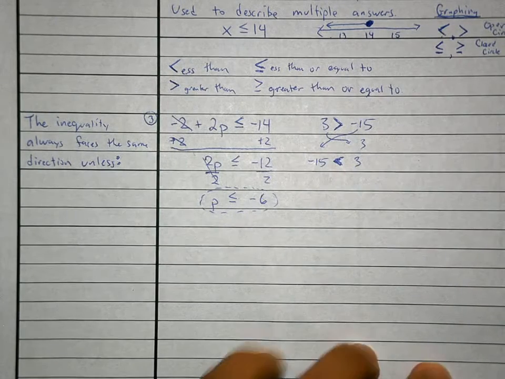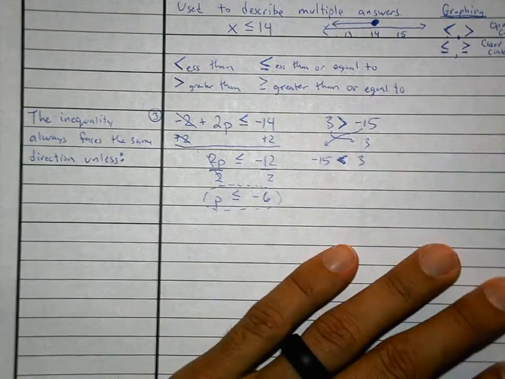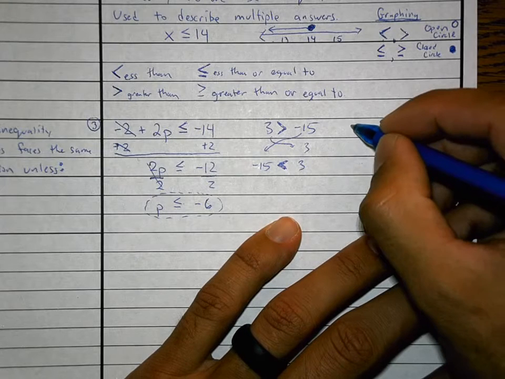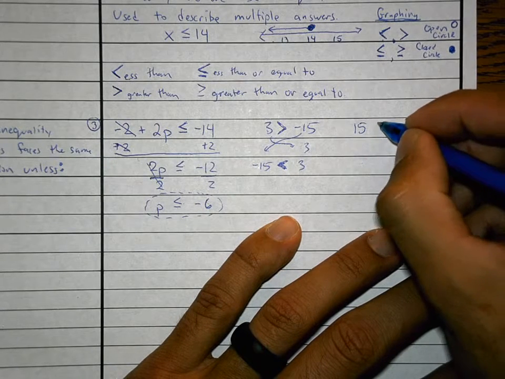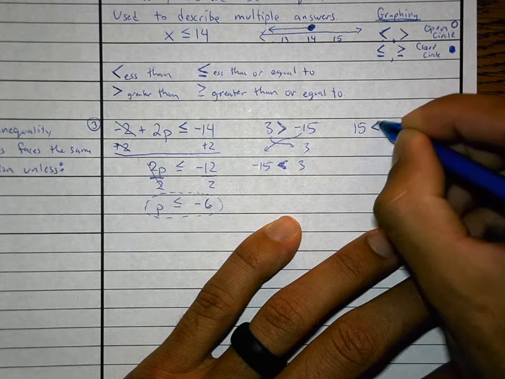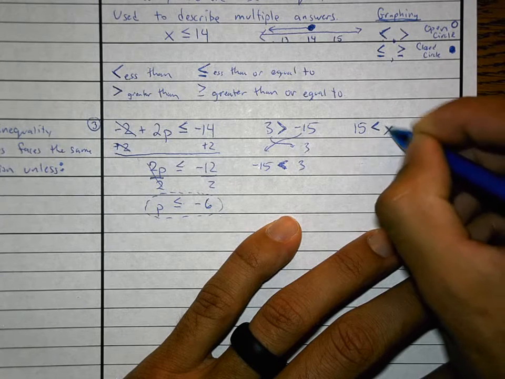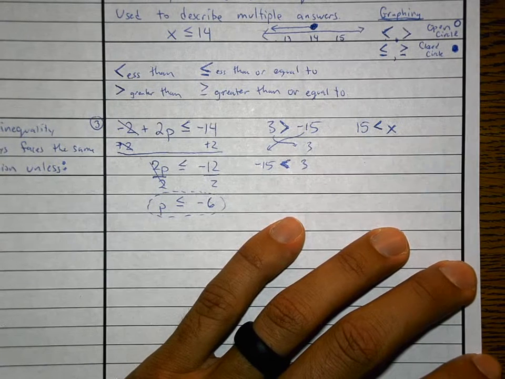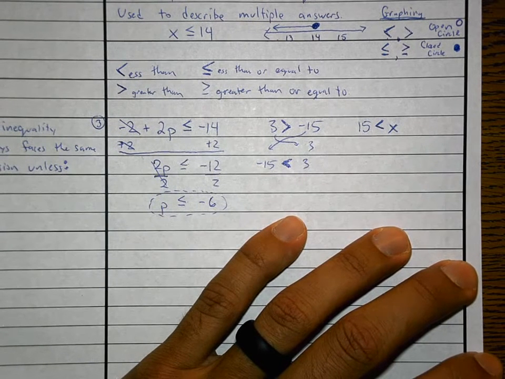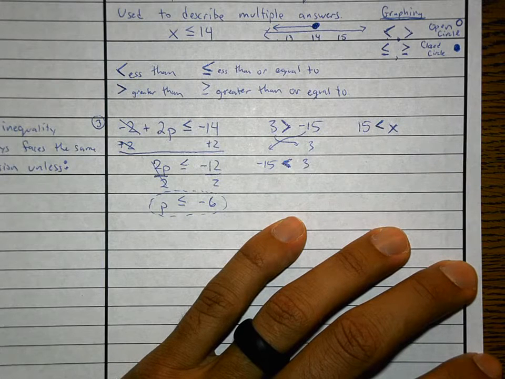And that's important because sometimes we're going to have 15 is less than x. And I don't want you to keep your answers with x's on the right hand side. I want your answers to have x's on the left hand side.